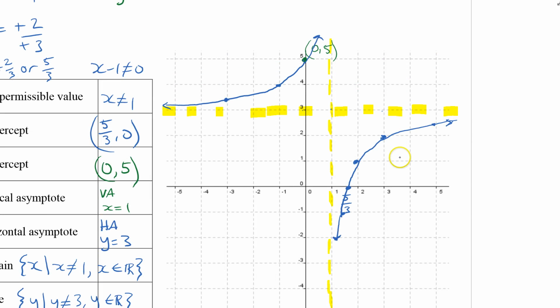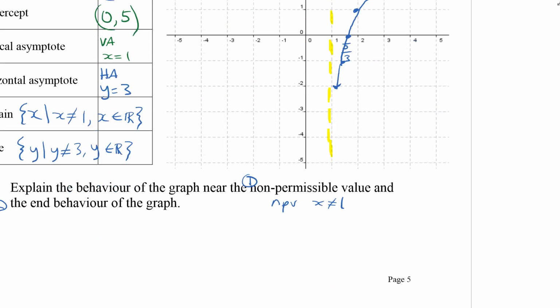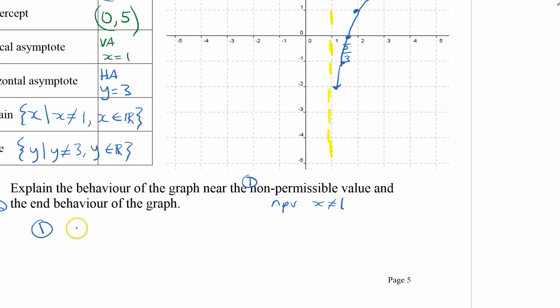Well, as x gets closer and closer to 1, my y values get closer and closer to either positive infinity or negative infinity. So my first part for that is as x approaches 1, my y value approaches positive and negative infinity.